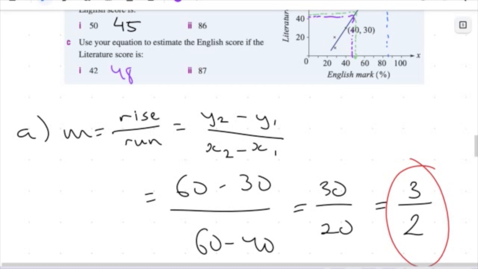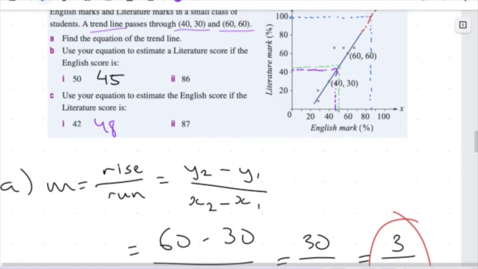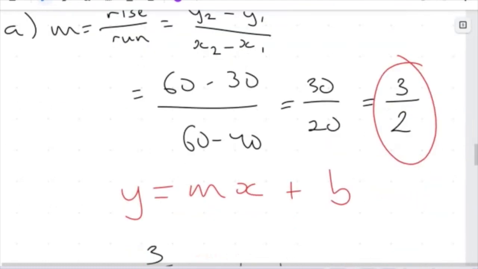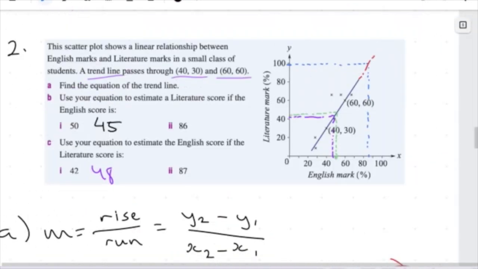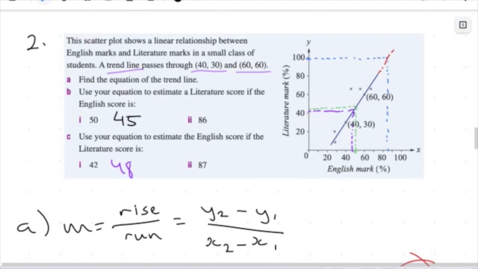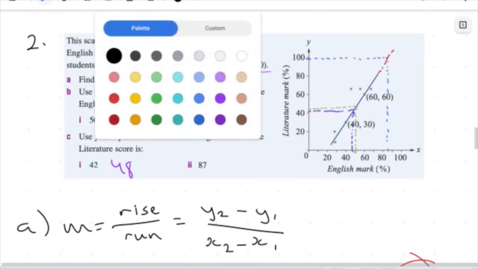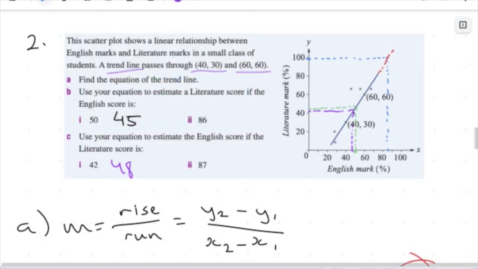And finally, we want to estimate the English score if the literature score is 87. So once again, we can substitute this into the equation. You can look up here, but it looks like 87 may be extrapolation again, because 87 would be about here. We're looking at above the actual data points and the range that we've established.